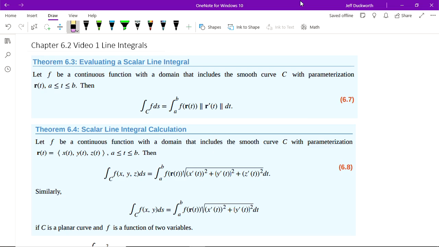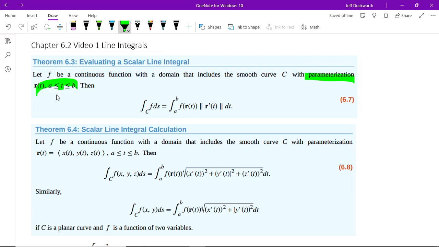So you're going to have either two-dimensional or three-dimensional parts, so either two variables or three variables, and you're going to need to make some sort of parameterization with this. And our new parameter is just going to be t. You're going to write everything with respect to t. So we'll have this r(t) here.